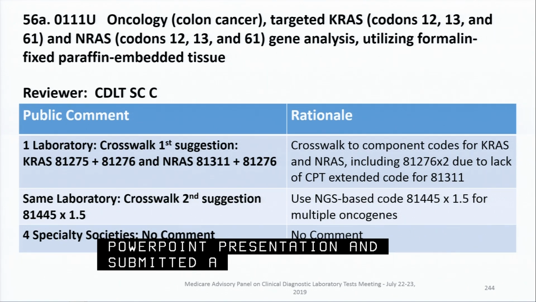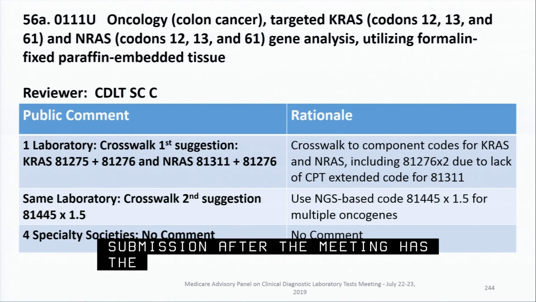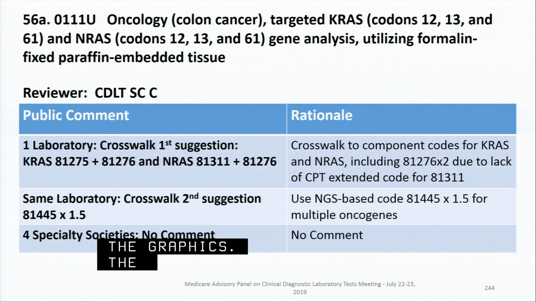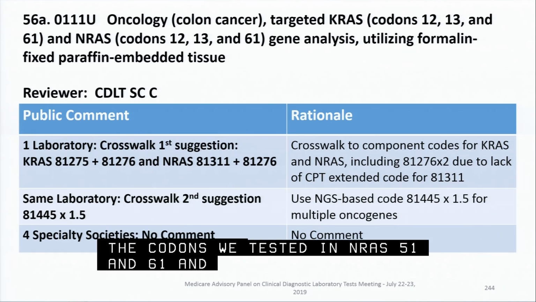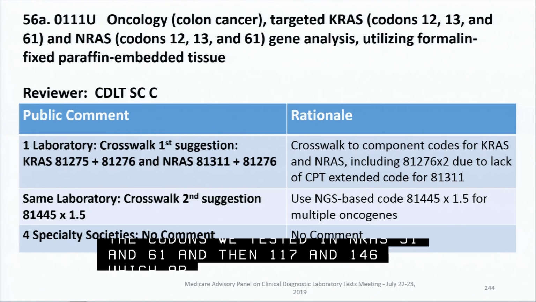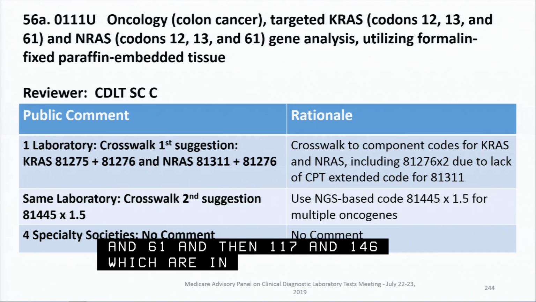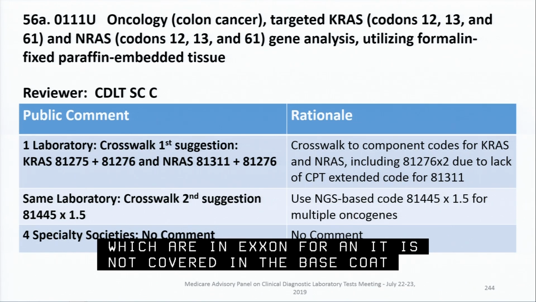So the codons that we test in NRAS are 11 and 12 in exon 2, 59 and 61 in exon 3, and then 117 and 146, which are in exon 4. And that exon 4 in NRAS is the one that's not covered by the base CPT code of 81311. So you've got that as a PDF, or I can give you a paper copy of it if you'd like to see it visually.